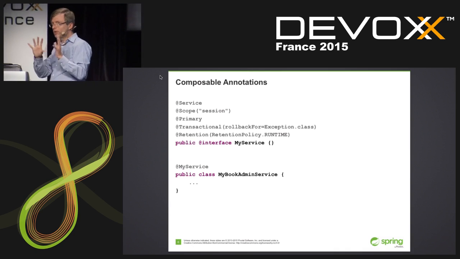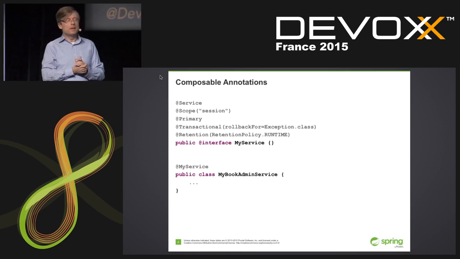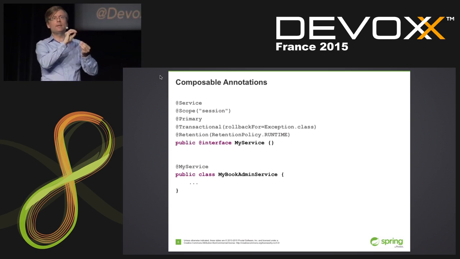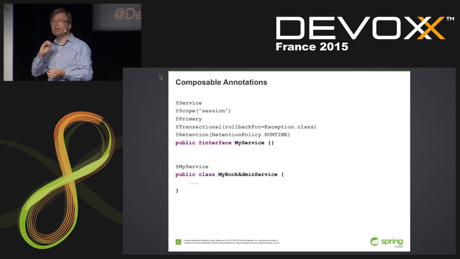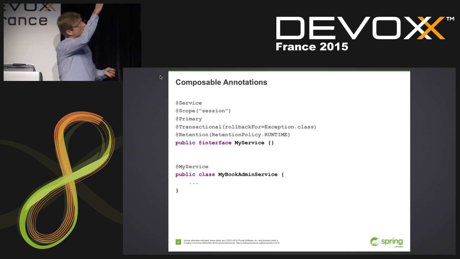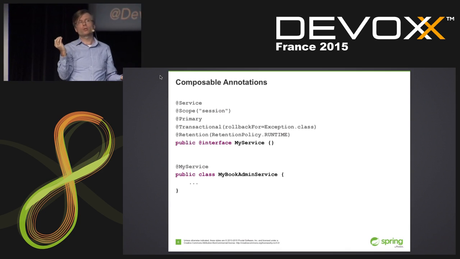So quite a few characteristics from Spring's ways of doing things being combined into a single, short, concise MyService annotation. Every time you're saying @MyService on any of your classes, you're combining those characteristics above into one little sweet shortcut.